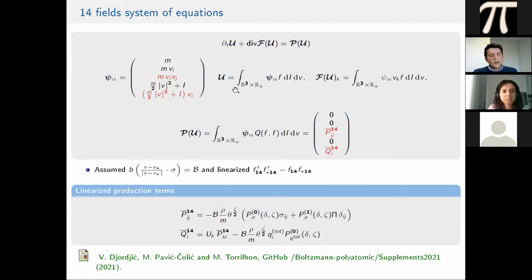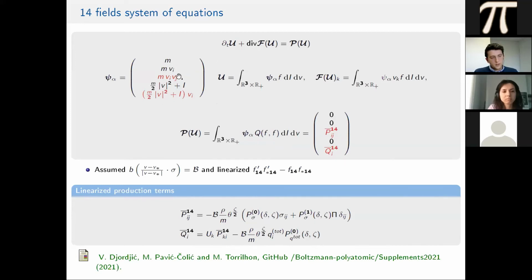And in some cases, your right-hand side, or production terms, will not be 0. We know that for specific functions it will be 0, like if you choose velocity, total energy, or only 1, or mass, this will give you 0.